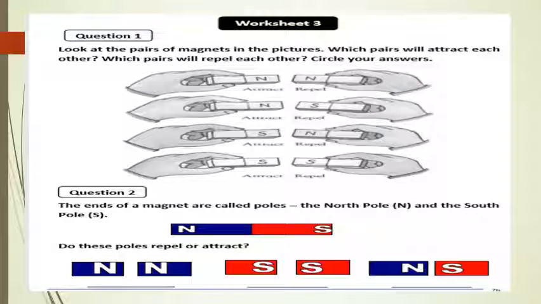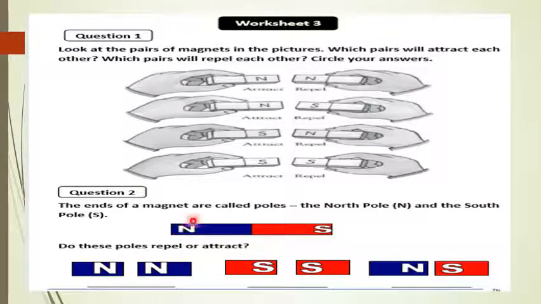This is going to be your homework, page 76. It's pretty much the same as what we did before. In the first question, you're supposed to look at the pairs of magnets, and then you have to circle if those magnets are going to repel or attract. The next question shows you how the bar magnet has two poles.